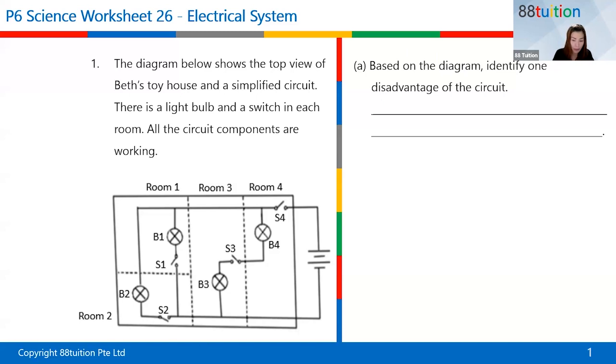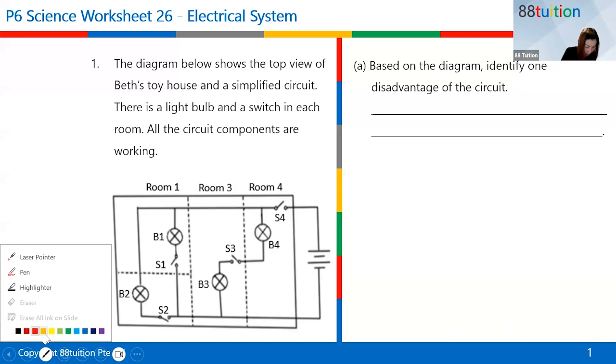Okay, 1A, based on the diagram, identify one disadvantage of this circuit. So are you able to see clearly this particular diagram? Do you know what the line showing you the circuit is? What is the line that shows you the rooms? Need to know. If you don't know, I'm going to tell you.